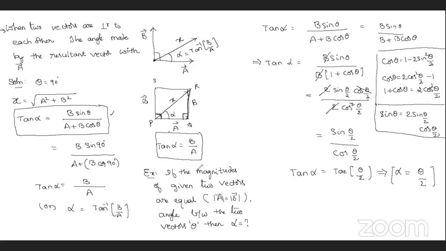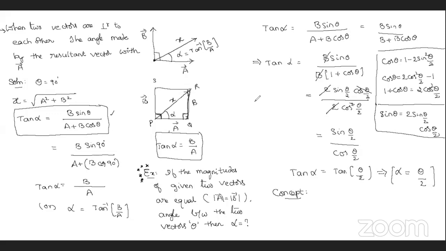From this very important example, what concept did you learn? If both magnitudes of the vectors are equal, then alpha equals theta by 2. Theta by 2 means exactly half of the angle, so it bisects.